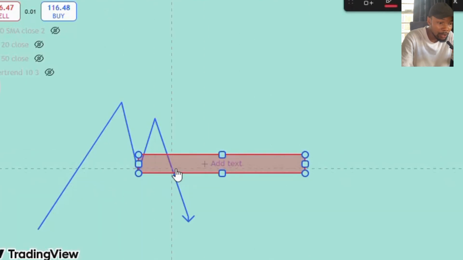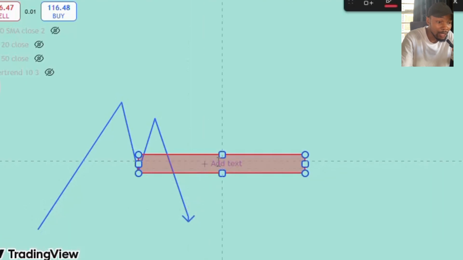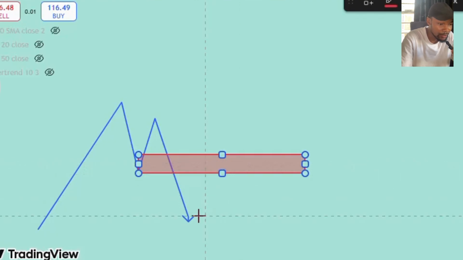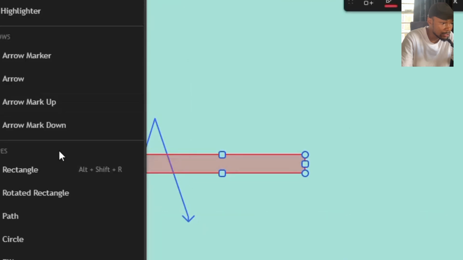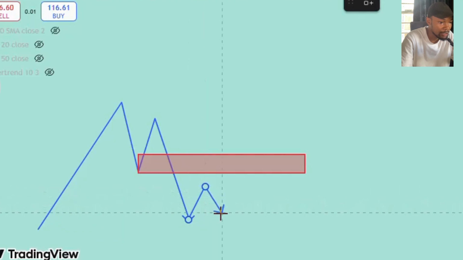Now we're going to just wait for price to come back into this place and we're going to enter a downtrend. The price is likely going to go down like this. Let me show you something. Let's say the price started coming back up, playing around here and coming back up like this.